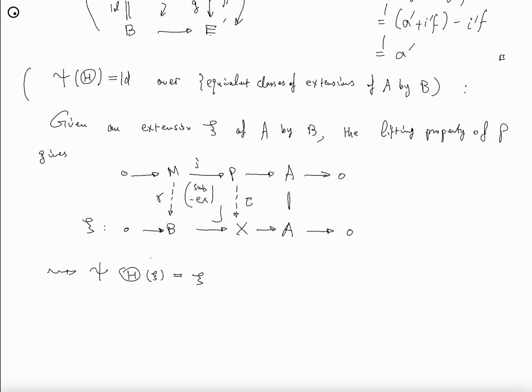So why is this the case? Why is this C? Recall this is defined to be the partial identity of A or the partial identity of B, depending on which contravariant or covariant functor you use.